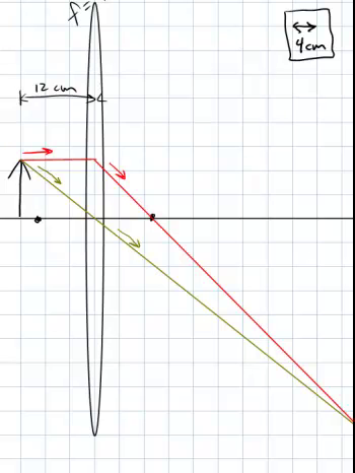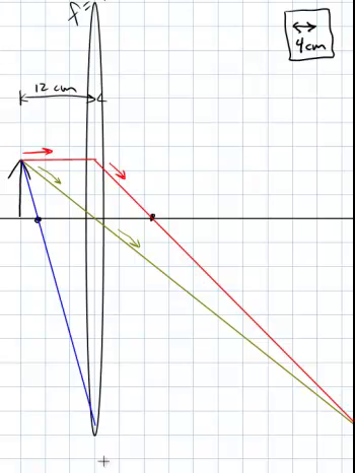And then the third one I'm going to draw comes in through the focal point. About there.